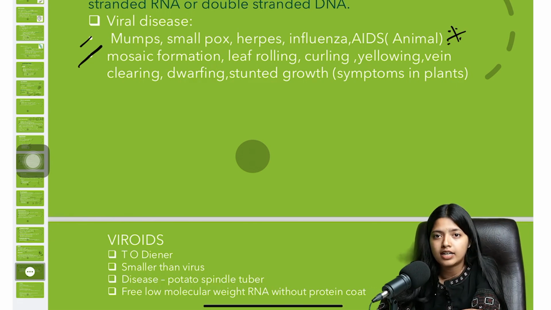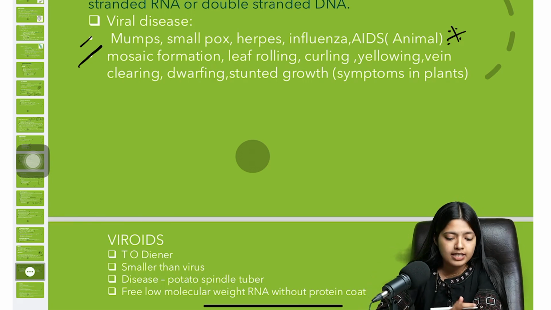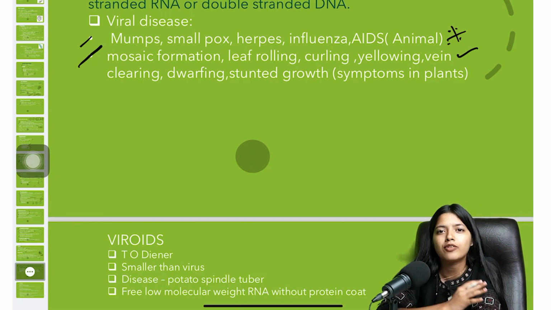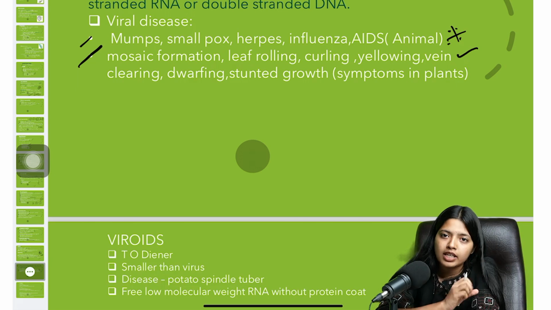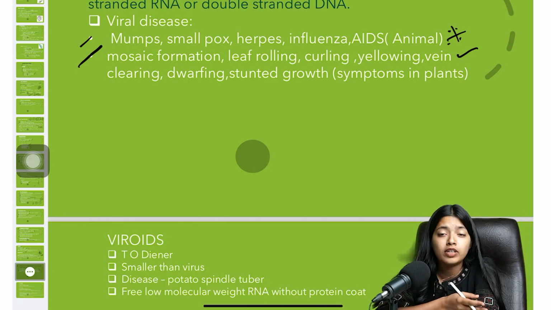There are some symptoms for viral disease in plants. Mosaic formation: mosaic means a pattern, a yellow pattern. Leaf rolling, curling of leaves. Yellowing: the chlorophyll content of the leaf decreases, hence it becomes yellow.